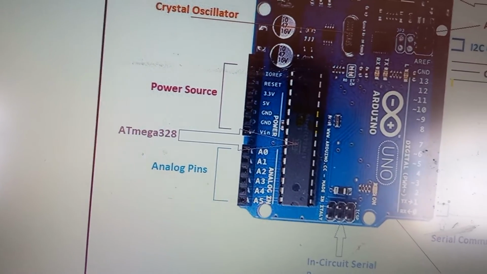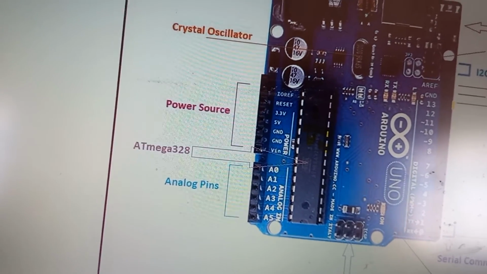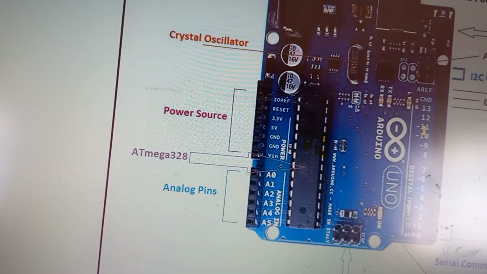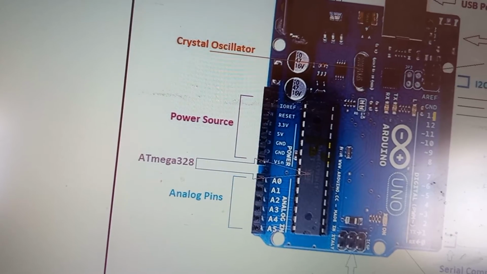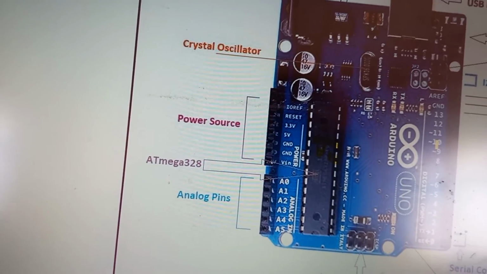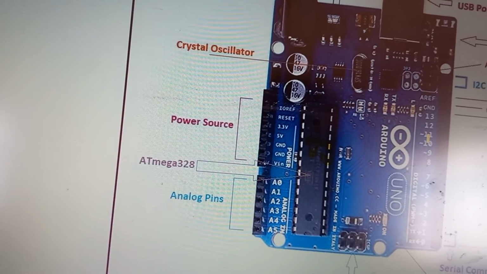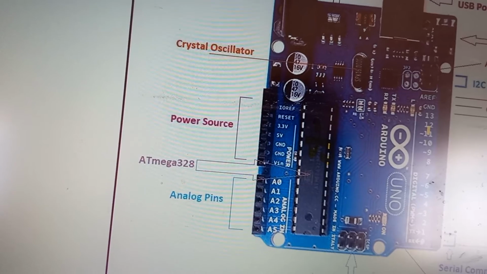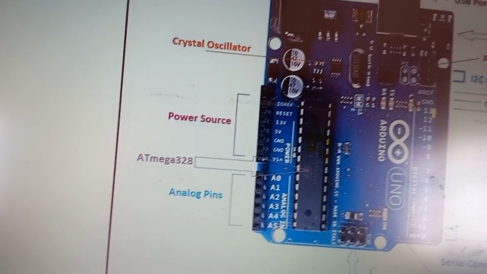Next, if you want a communication protocol related to SPI, then pin numbers 10, 11, 12, 13 are used. These 4 pins are used, in which the 10th pin is meant for slave select, the 11th pin for master out slave in, the 12th pin for master in slave out, and the last, 13th pin, for the serial clock.